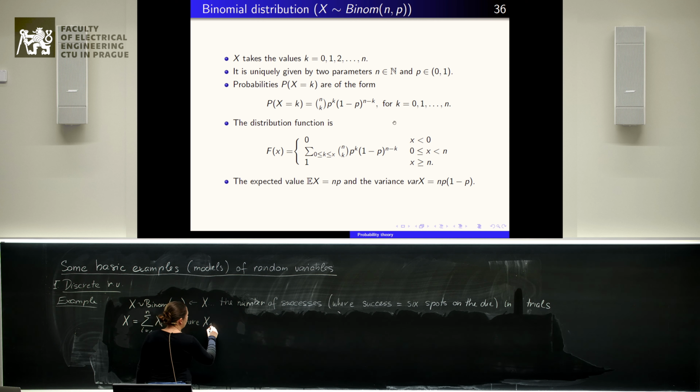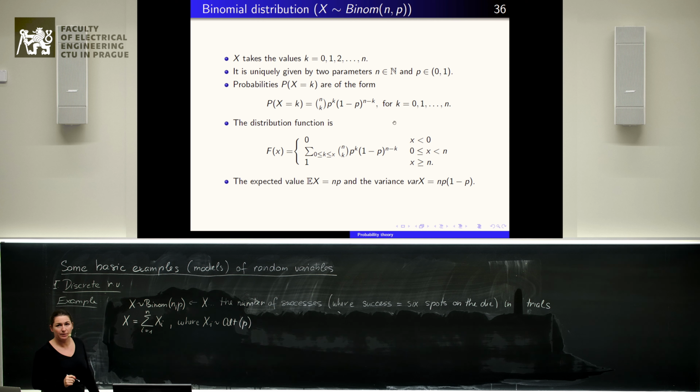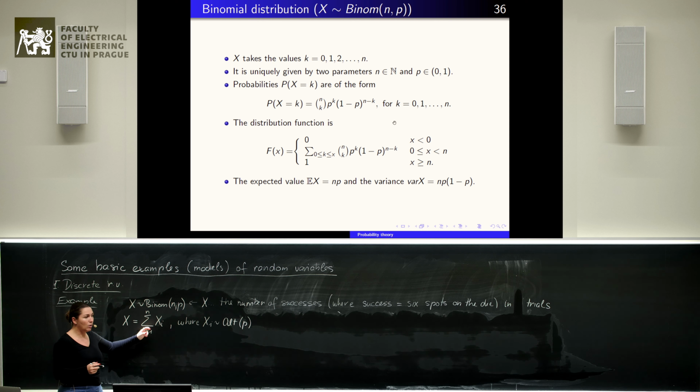where Xi has alternative or Bernoulli distribution with the parameter p. Why can we write X in this form? Because you can imagine that Xi is either 1 or 0 when we have success or failure, respectively. So always when in the ith trial we obtain success, we add 1.